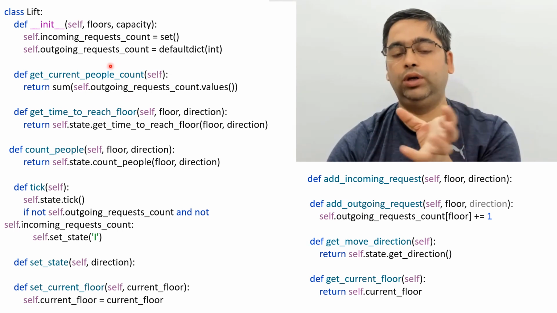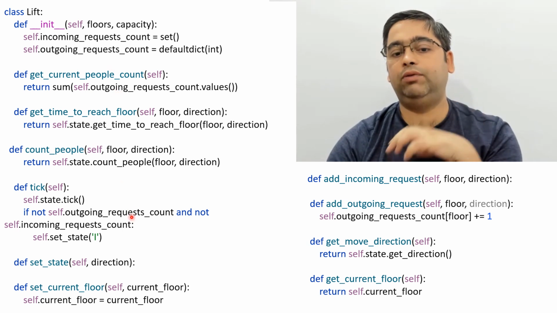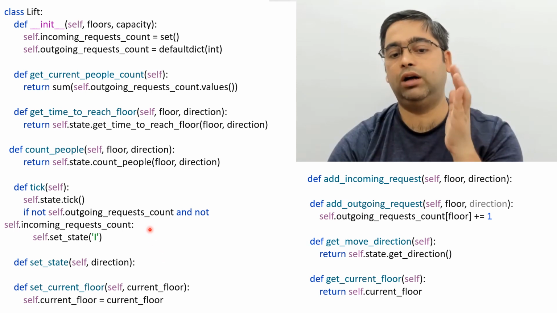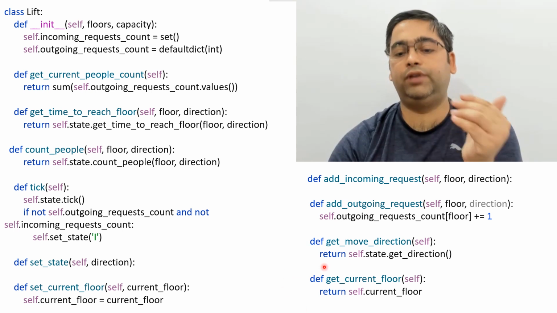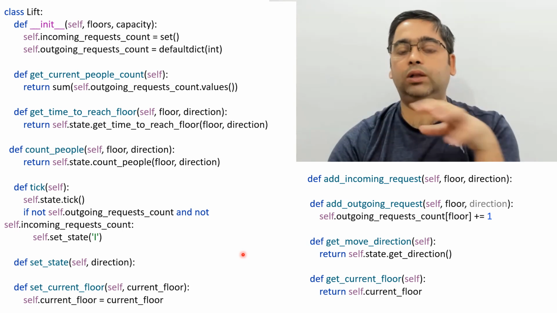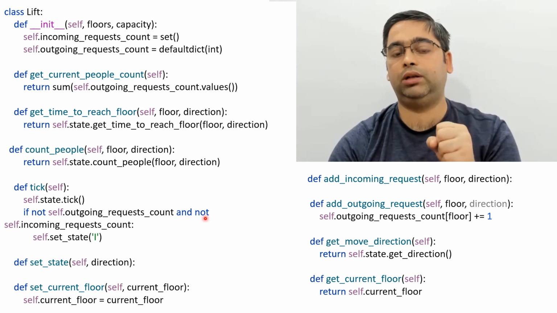Based on the outgoing requests, it can count how many people are inside the lift. It will also track the direction of the lift, whether it is standing idle, moving up or going down. It will also track which floor the lift is currently at.